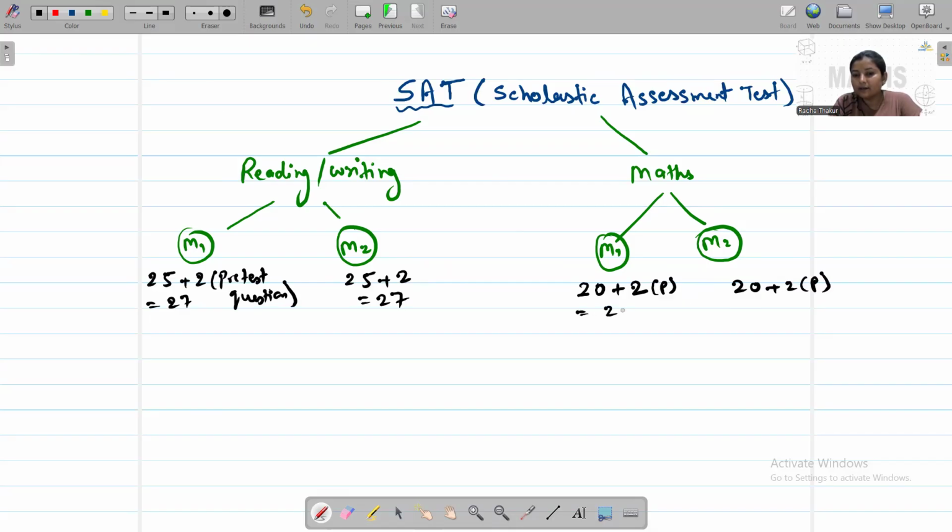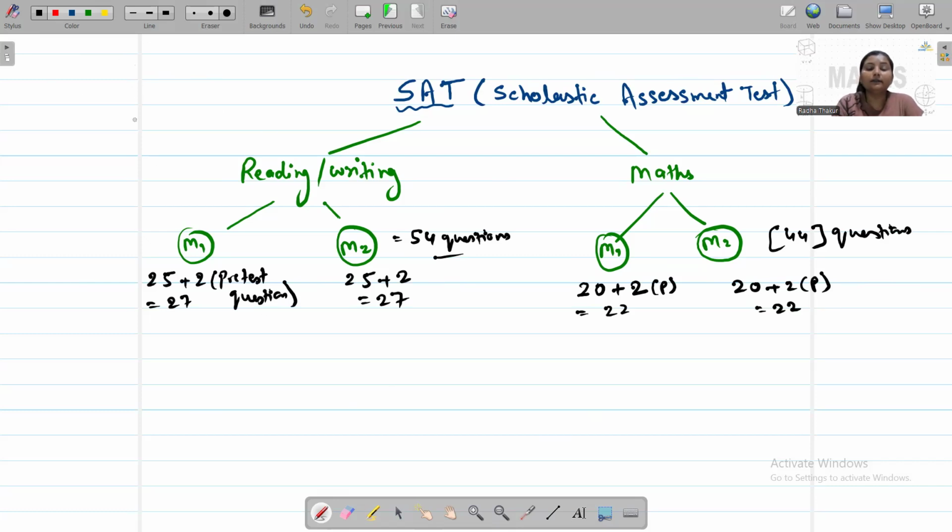That means there are 22 and 22 questions in both modules. So the total is 44 questions in maths, and 27 and 27, that means 54 questions in RW. All right. So this is about the number of questions you will get.